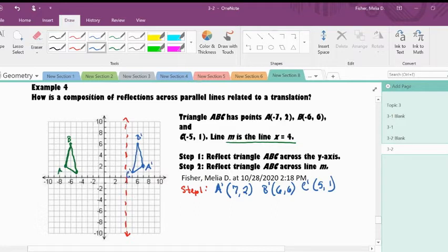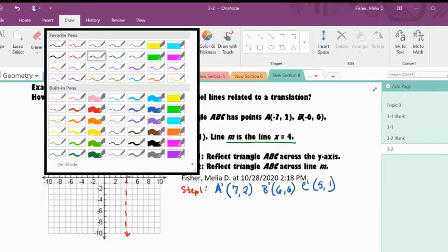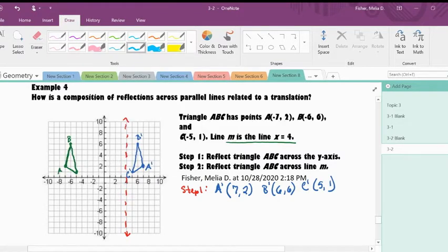So we had our next step. Let's see what color I want to use. Go with this one. Step 2, they wanted us to reflect it across line M. So it's already been reflected, and since this is step 2, we're going to be doing this process to the new shape. So we're going to reflect it across here, and so we would just go 1 over, and this one would go, instead of being 1, 2, 3, it would be 3 to the left.